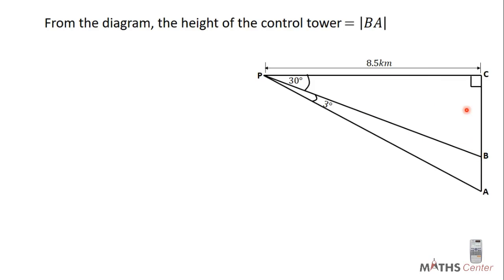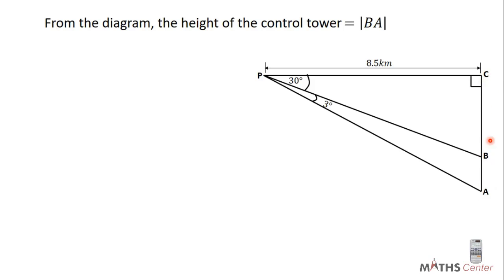Now consider this diagram very carefully. We can see that from C to A is equal to C to B plus B to A, and we are looking for BA. So it means that if we're able to find CA and we find CB and we subtract CB from CA, we can get BA.